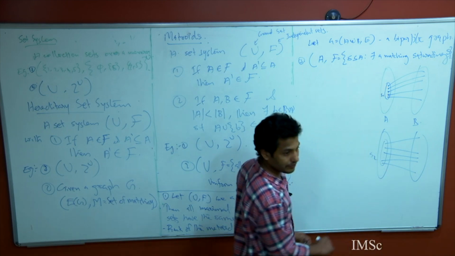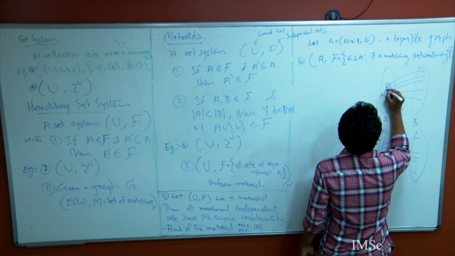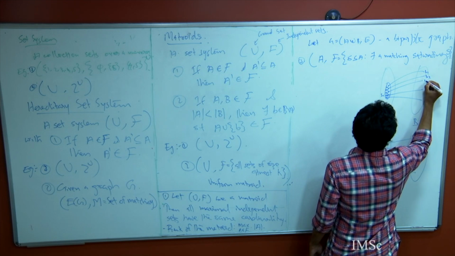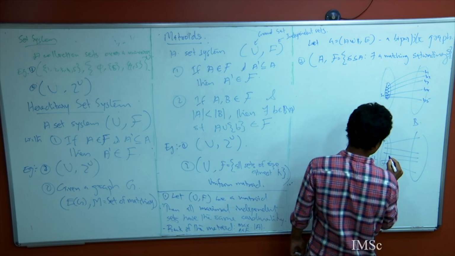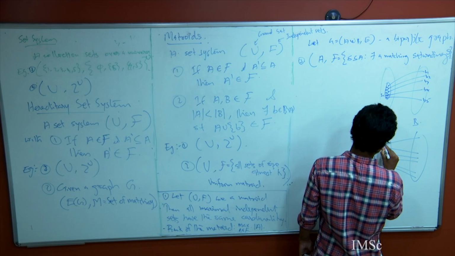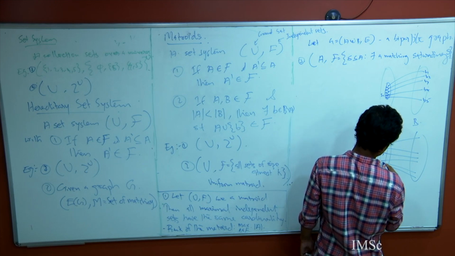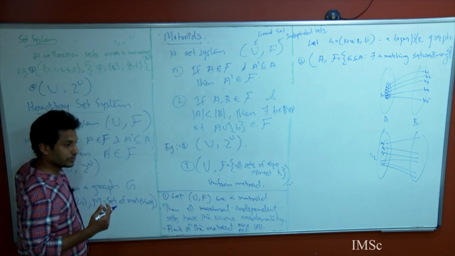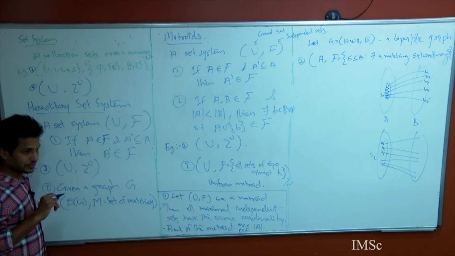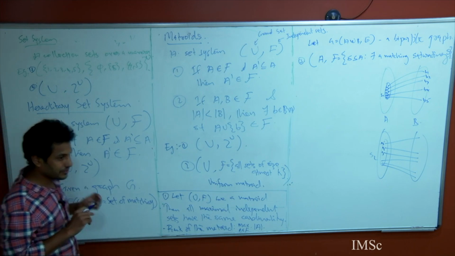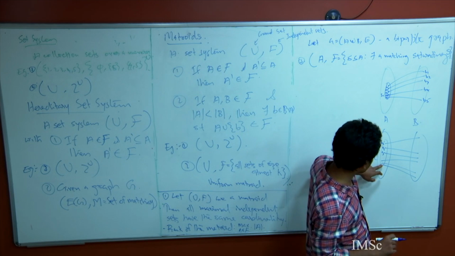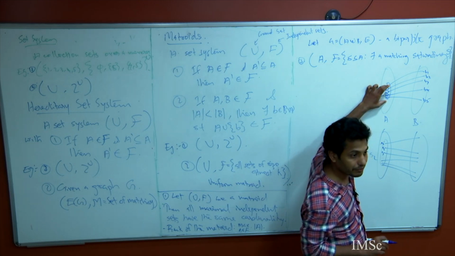Why is it true? I have a matching here. So I know that there exists one element which is distinct from A1 to A5.